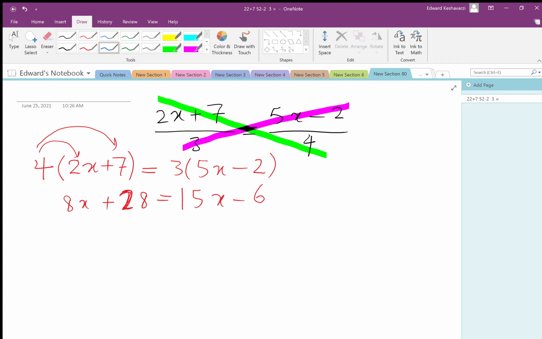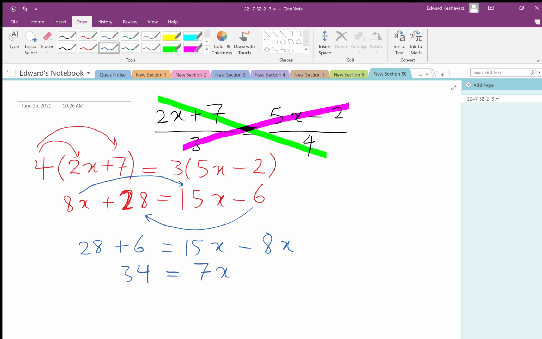So therefore, I'm going to move 8x to the right side and negative 6 to the left side to get 28 plus 6 equals 15x minus 8x. So 28 plus 6 is 34 equals 7x. And x is going to be 34 over 7 if you divide both sides by 7.